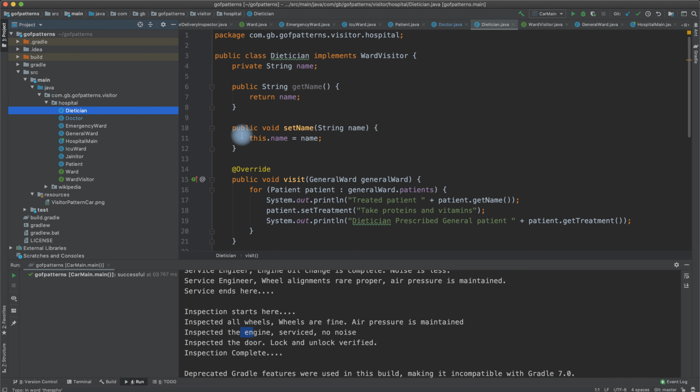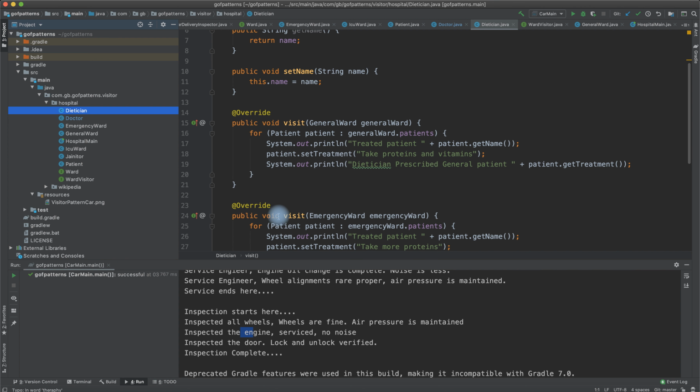The dietitian is also a ward visitor, am I right? So the dietitian as a person goes and visits these wards. When the dietitian goes to the general ward, they prescribe: take these proteins and vitamins, right? Because a person coming from an ICU ward to a general ward might have to recover fast, and might have developed the capacity to take in some healthy foods also.